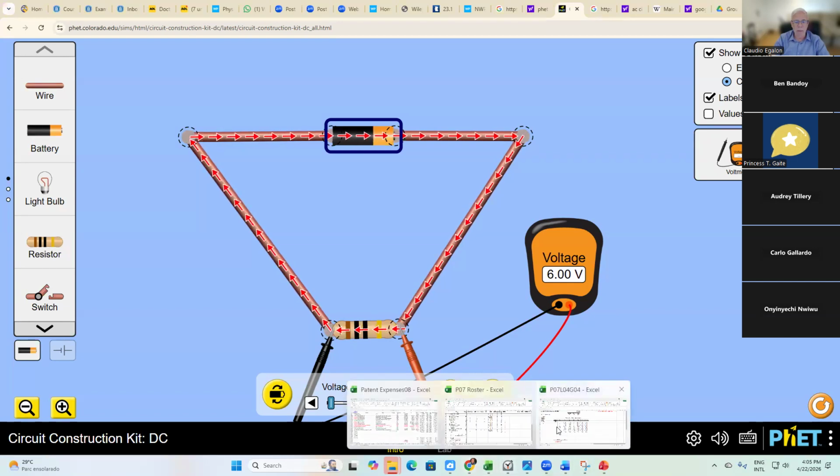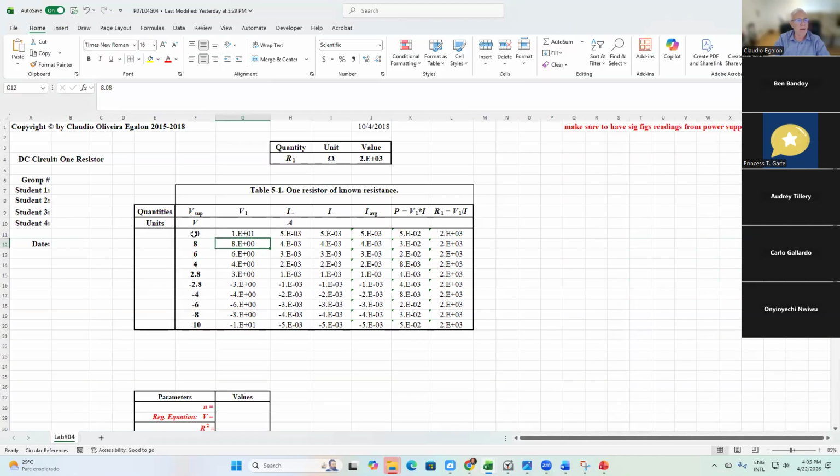I want you to double check there in your spreadsheet. 10, 10, 8, 8.08. 1% difference. 6, 6.001. 4, 4.064, slightly more than 1% difference. And then 2.8, 2.781. We got 1, 2, 3, 4, 5 data points for the positive voltages.